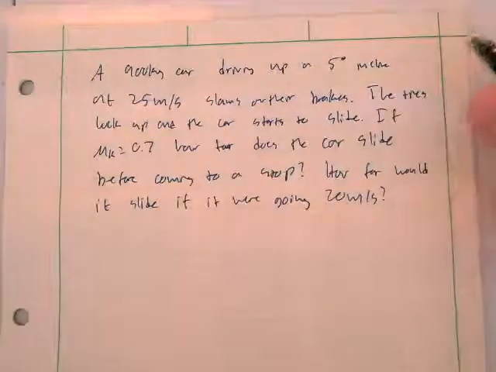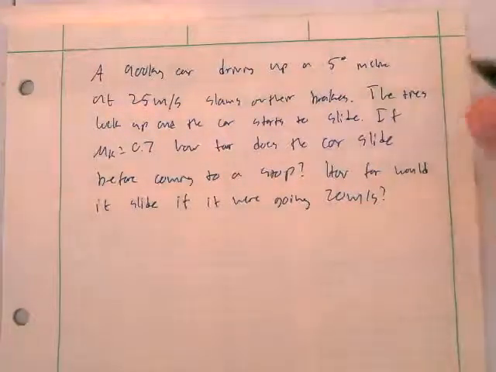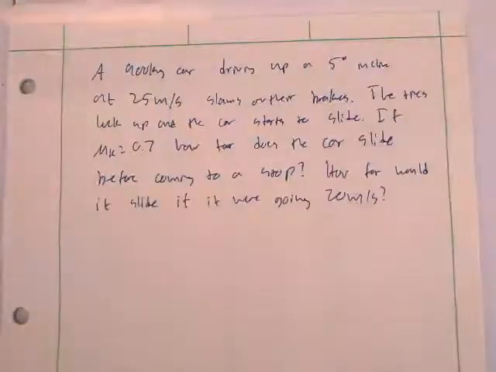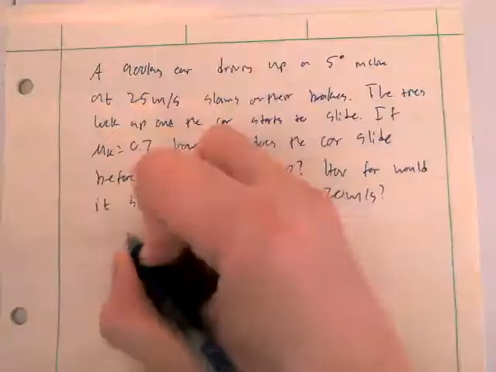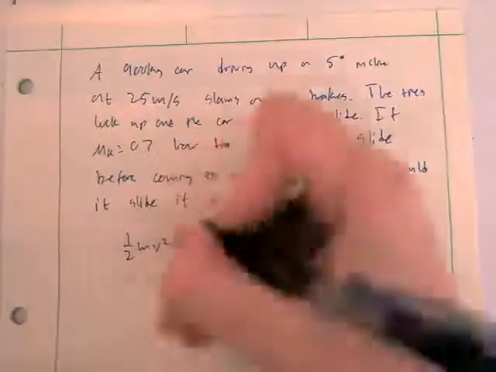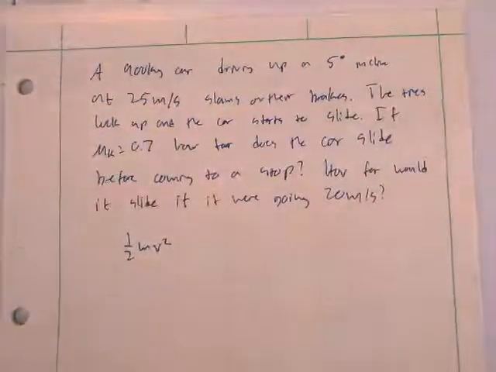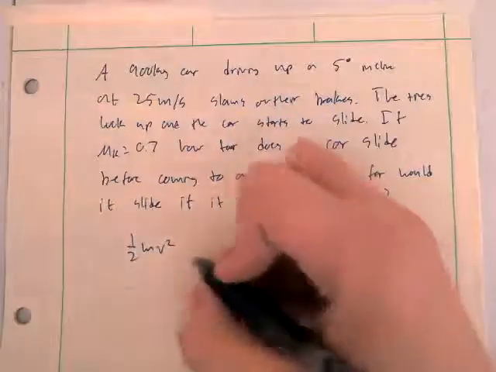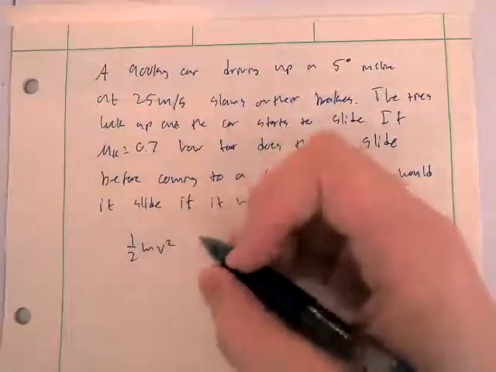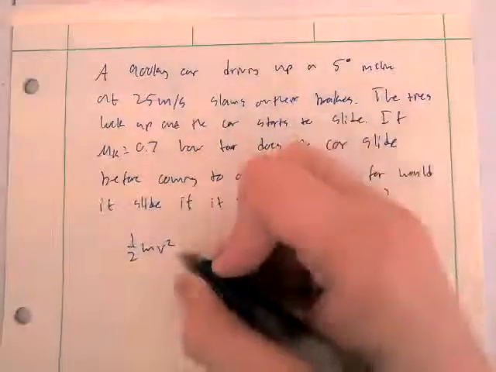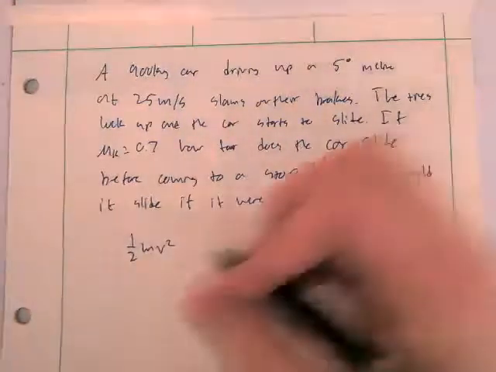Okay, so first let's look at what we have. So we do have both conservative and non-conservative forces acting, right? We know we start with some kinetic energy. Our car is moving, so we have 1/2 mv squared kinetic energy at the beginning of this problem. Then we know friction will do some negative work, right? Our potential energy, we can go ahead and set to 0. We're going up a hill, right?